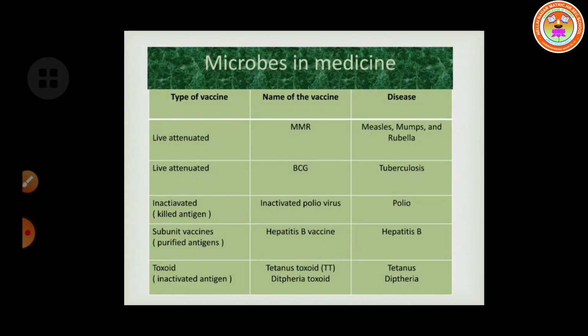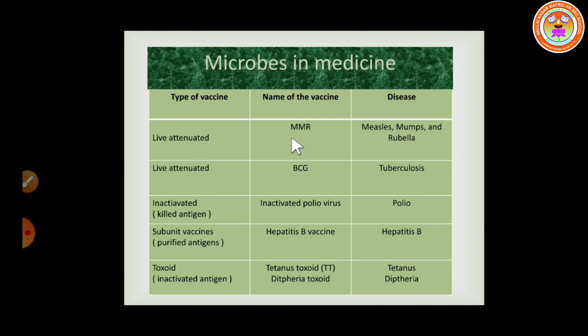Next are vaccines produced against diseases. Let us see some types of vaccines and their diseases. You can see the type of vaccine. Live attenuated. What is live attenuated? That is making the microbes inactive.